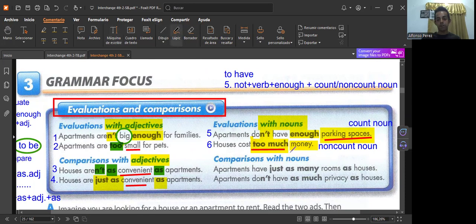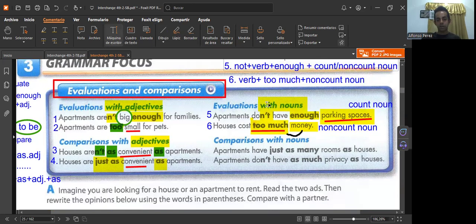So for number 6, we're using the verb cost, too much plus a non-count noun. So we have two verbs for working this unit, to have and to cost.